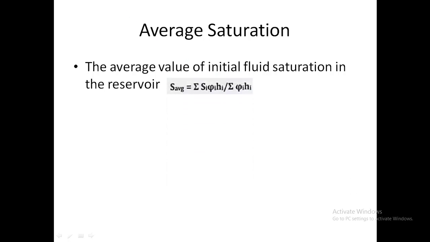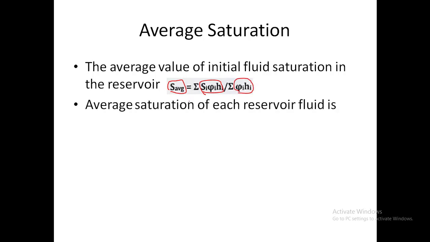To calculate that, we have a formula. Average saturation is equal to summation of saturation into porosity into height of a layer, divided by summation of porosity into height of a layer. This is for complete fluids.